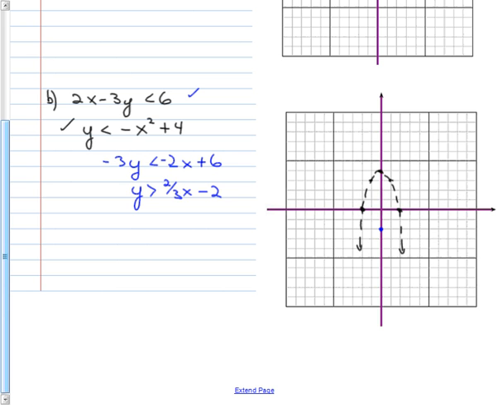Up 2, 1, 2, 3. And it is also a dashed line. And we are supposed to be where? Yeah, above this line and inside that parabola. So there we are.